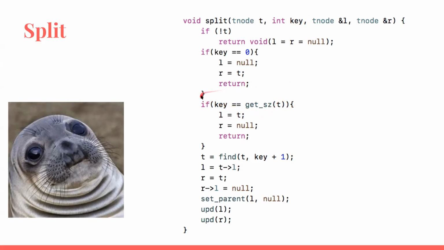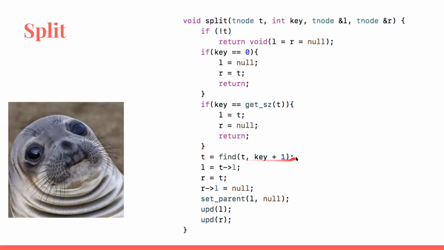But since this equation does not hold, it means that, based on these two equations, in the left part we are going to have at least one element, and in the right part, we also will have at least one element. So we are going to find the first element that will not be in our left node.